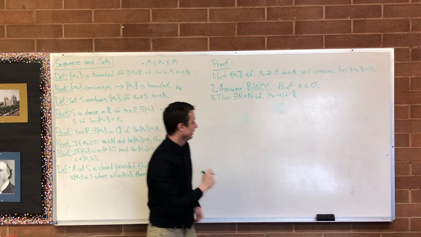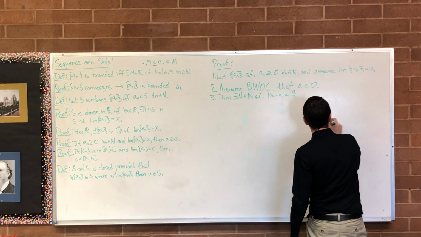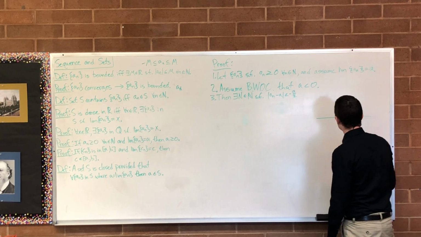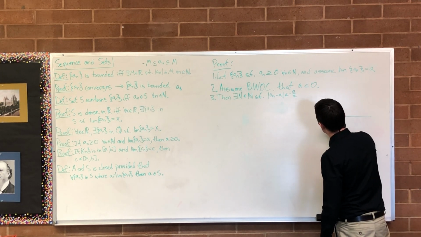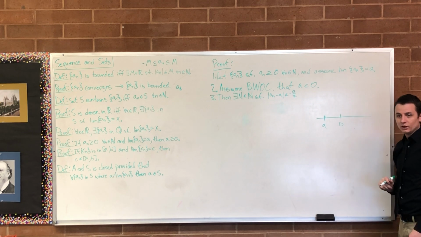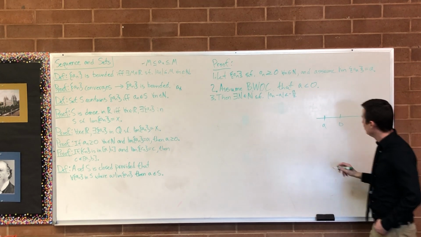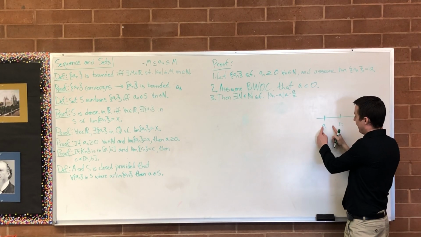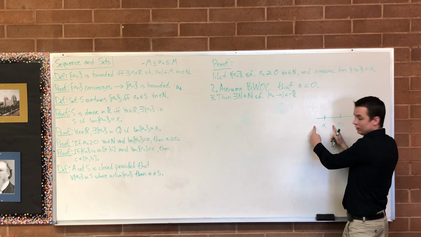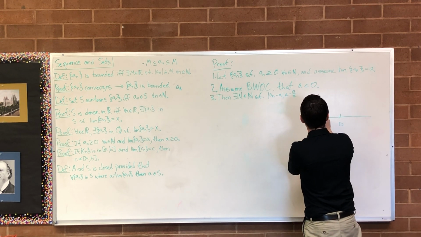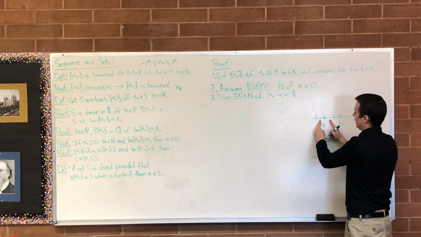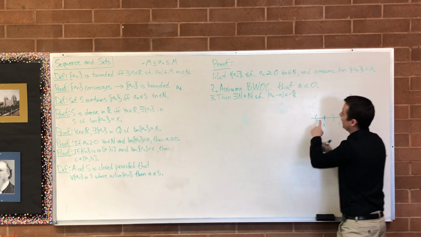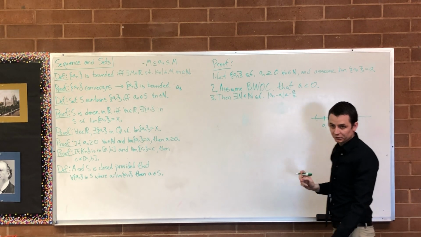Here's 0. We're assuming a_n converges to A, some negative number. So I'm going to find a term that is within A halves of A. So I'm going to find some term that is within here and say, look, that term's less than 0. So that contradicts every term being greater than or equal to 0.